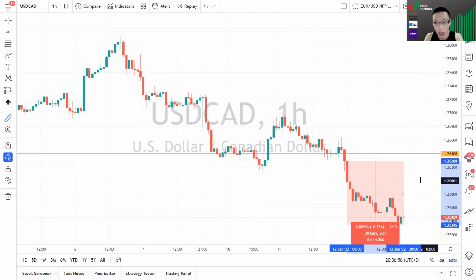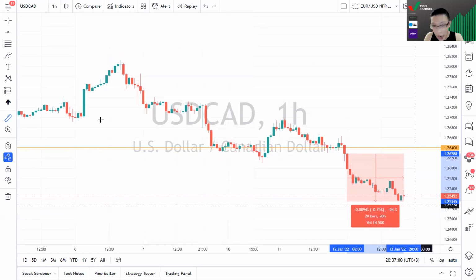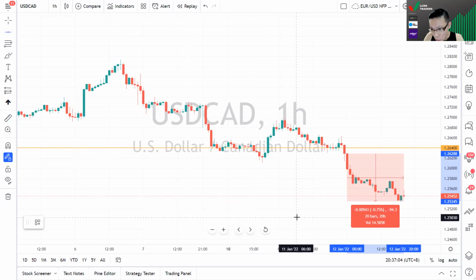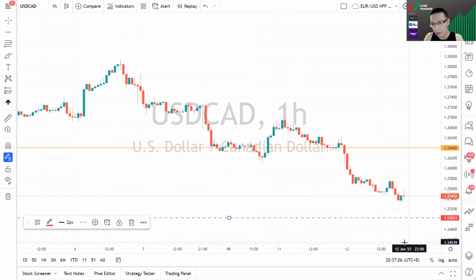It has just recently broken my support, but I need to highlight this level as well, okay? Once again, another key level, the 1.25 level, okay? The potential profit may not be that high as compared to the Australian dollar pair and of course the pound dollar pair, okay?